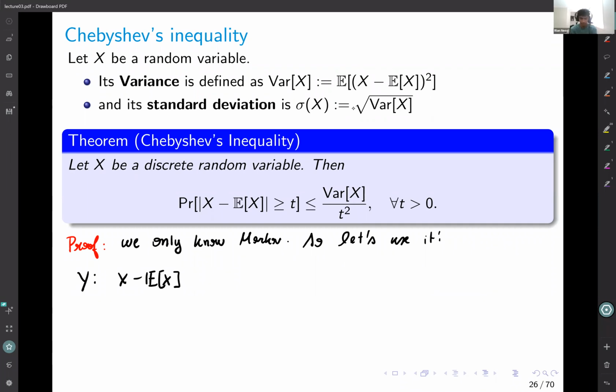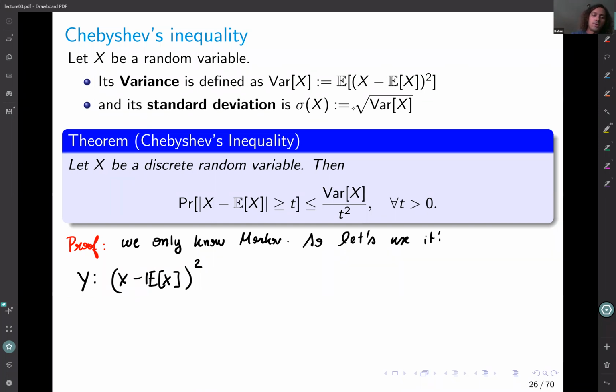You need to take absolute value. Right, so the first thing is that this random variable is not non-negative all the time, so we cannot use it. One suggestion is that we can take absolute value, and another one which may be a little bit easier for computations is the square, because the square of any number is non-negative. So let's just use this random variable.